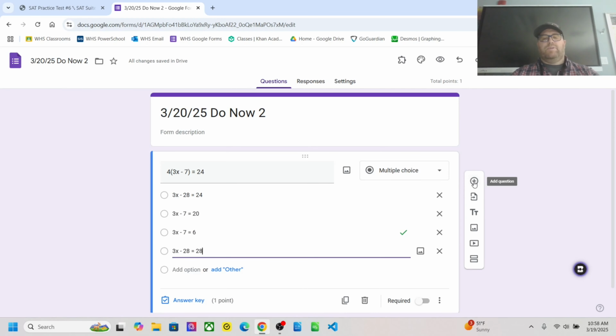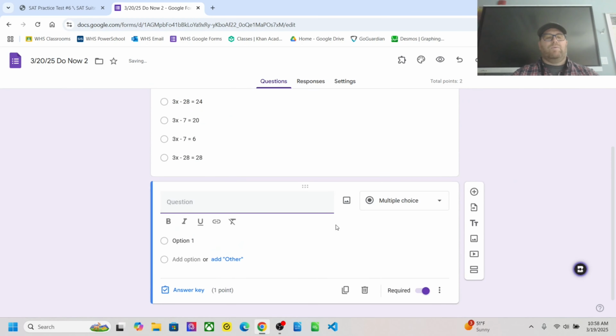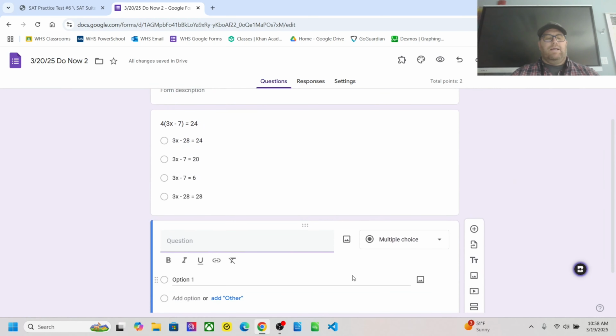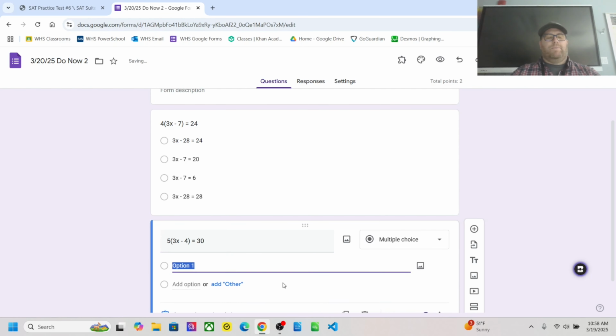If I want to target this particular type of question, let's add another question, give a few for practice. Let's do 5 times 3x minus, let's say 4 equals 30. Okay, we're going to come up with our correct answer first. So 3x minus 4 equals 6.